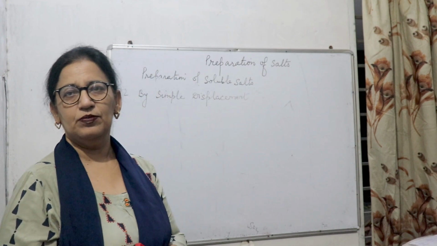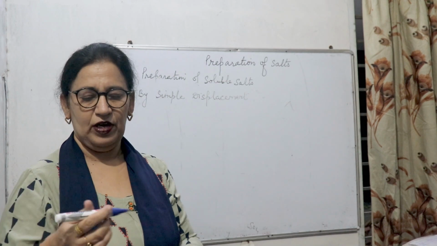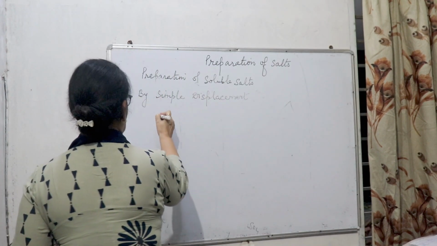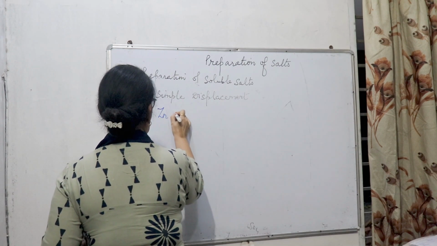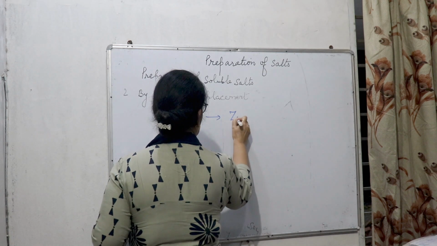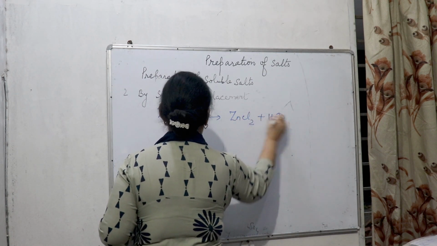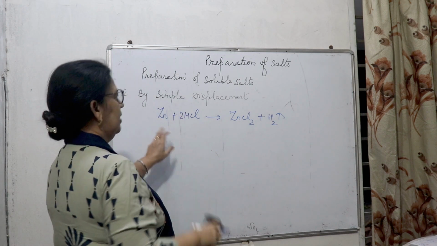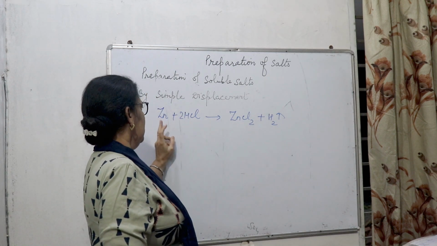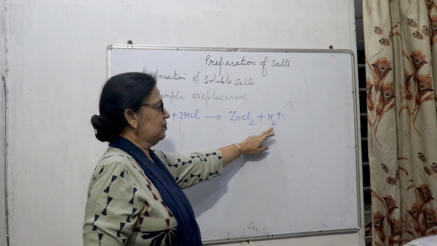This can be Zn plus HCl gives ZnCl2 plus H2. This is simple displacement, and the salt formed is zinc chloride. This is a soluble salt, and hydrogen is less reactive than zinc, so zinc has displaced hydrogen.